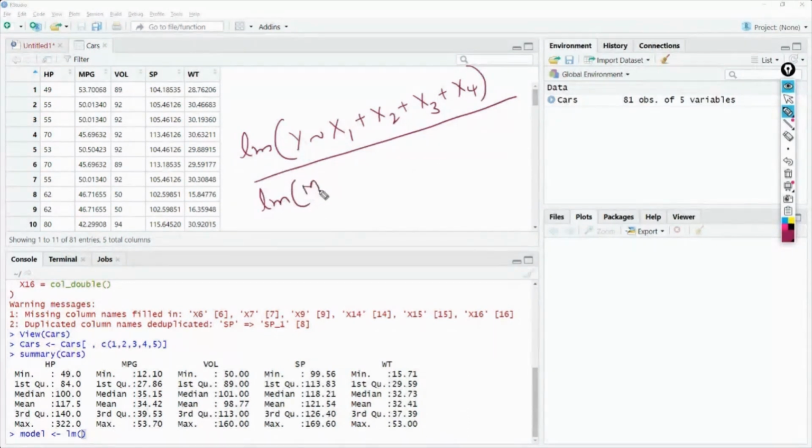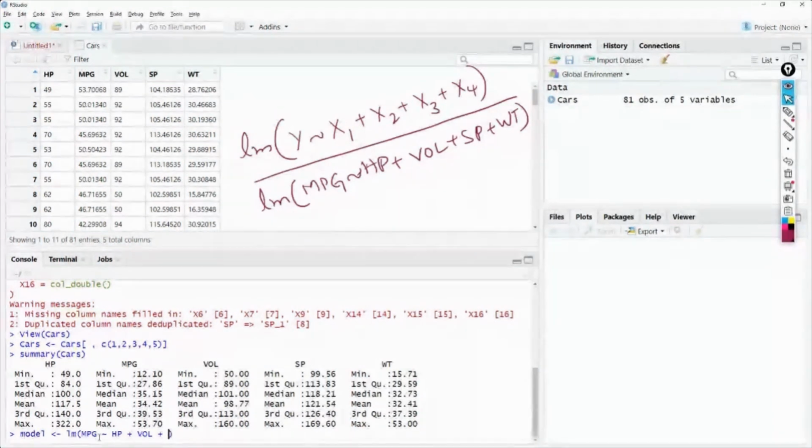Output is mileage here. Tilde, you add all these inputs: horsepower plus volume plus top speed plus weight. So let me write that. It's mileage tilde horsepower plus volume plus top speed plus weight.